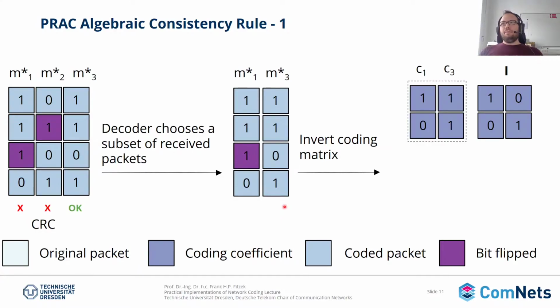The next step is to assume that these packets are correct. Let's imagine that there were no problems in the transmissions, that these packets were correct, and we will decode them using the traditional network coding decoding technique. How is the decoding done? If you know the coding coefficients used to generate these packets, you can write them here. And you have to invert this matrix in order to decode.